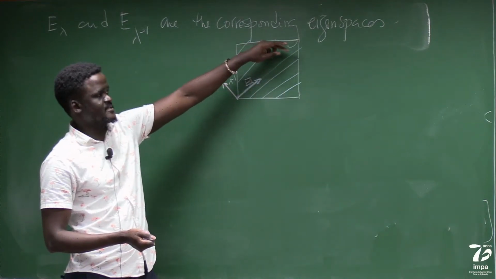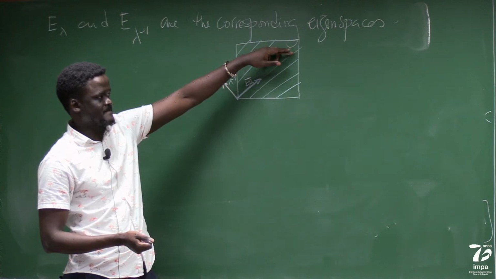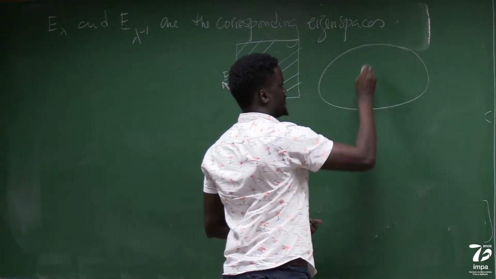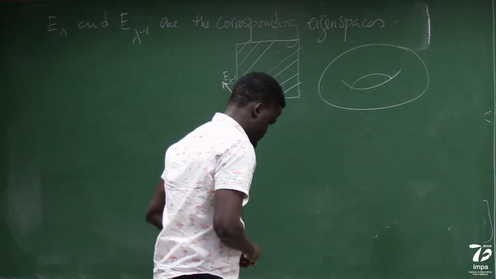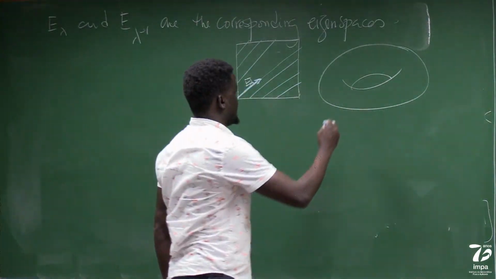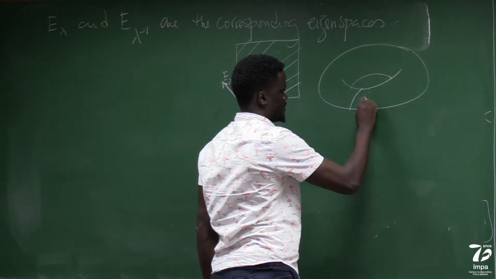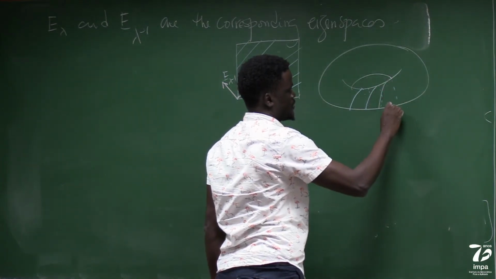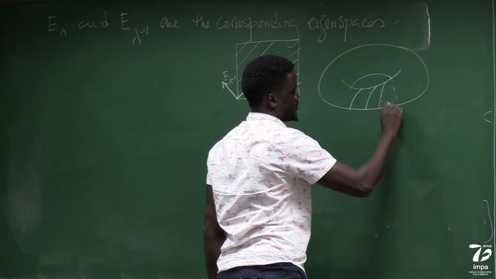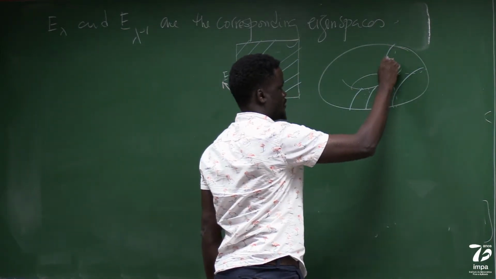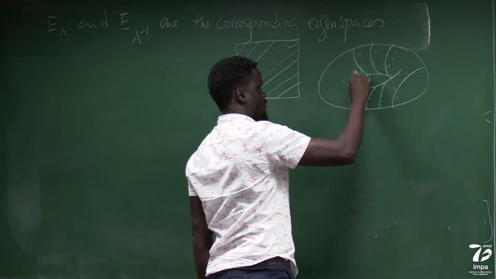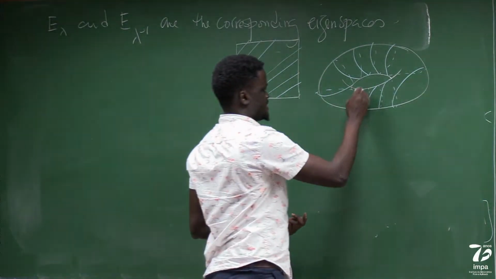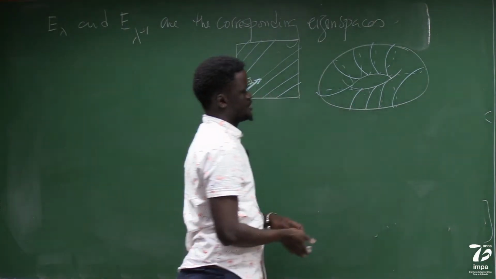And if this line closes up, on the torus this is the picture you would have.